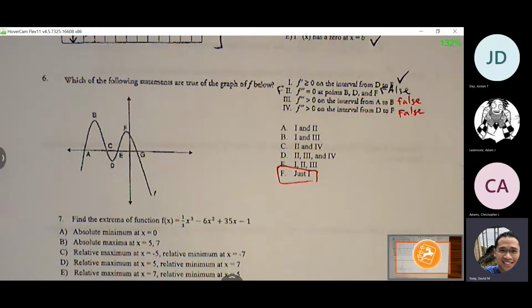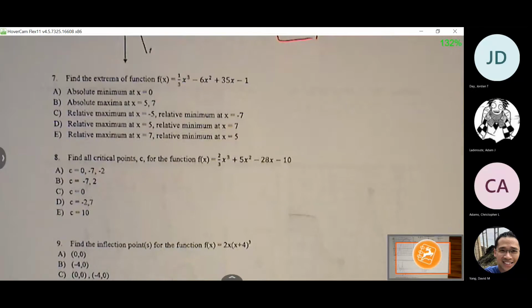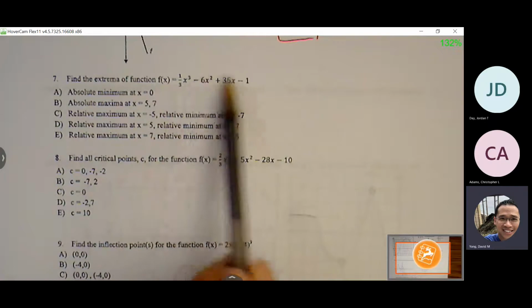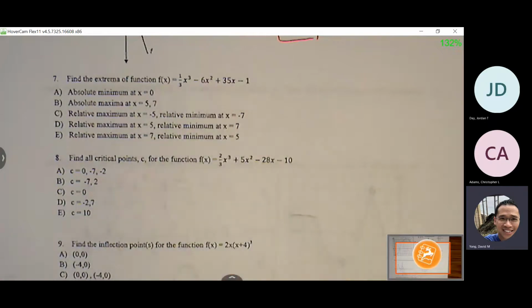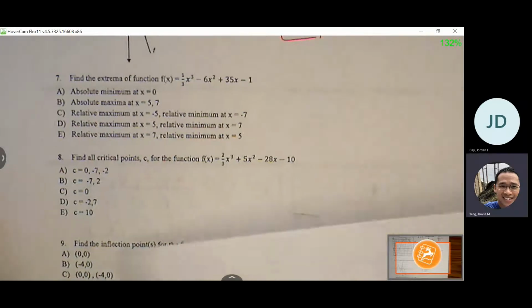Number 7. Okay, find the extrema of the function. So let's go ahead and find the derivative, create our slope sign lines, and see what we have.